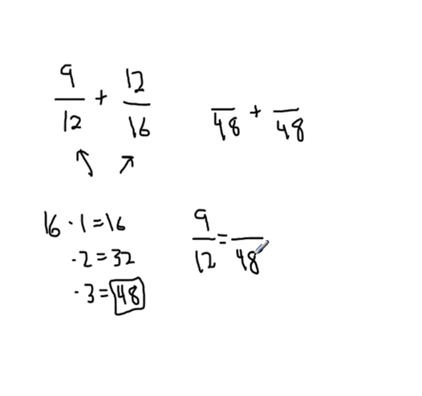And I need to find my multiple to go from 12 to 48. In this case, that multiple is 4. So times 4 on top and bottom. And then 4 times 9 is 36. So in place of 9/12ths, we will put 36 over 48.